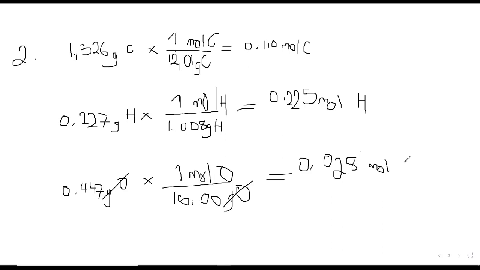Then the final step would be to divide each of these by the smallest value, and the smallest value is of course this one, 0.028.